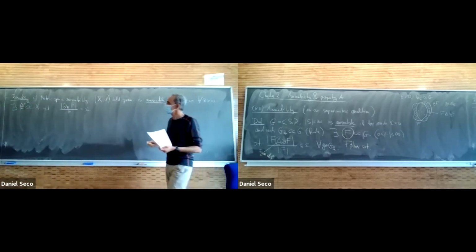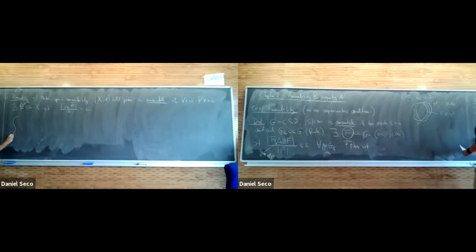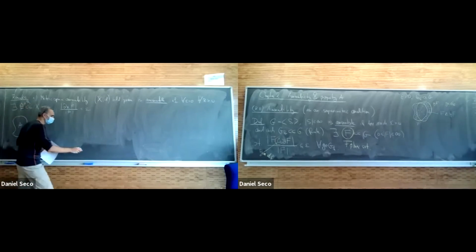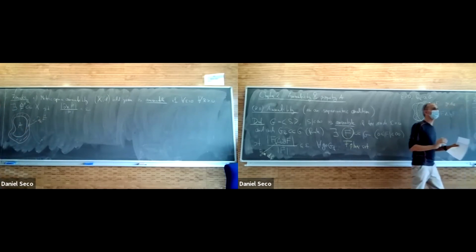So if you want a picture, your corner set here, this is F hat. You give me R, you give me the error, and I find for you a corner set such that the outer boundary is small compared to the inside.